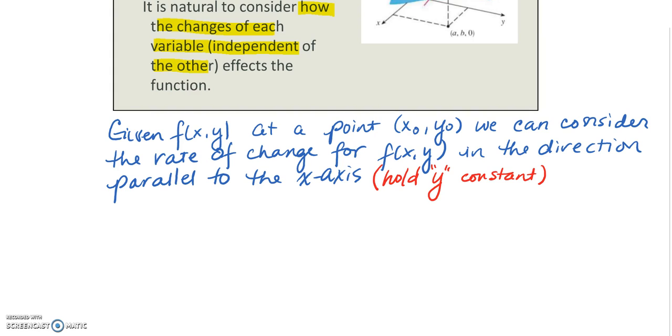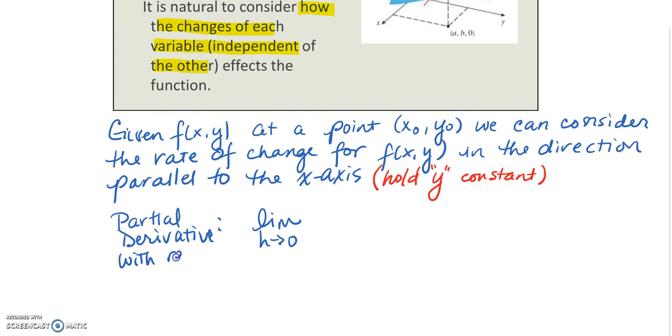So here's what a partial derivative looks like. We're going to take the limit as h approaches 0, with respect to x. We're going to have h in the denominator.